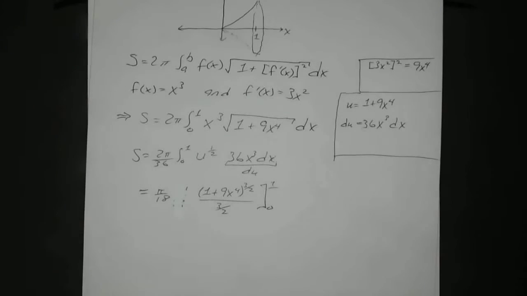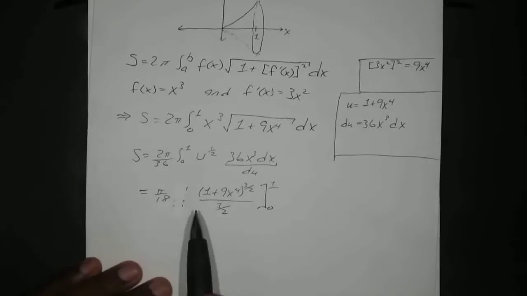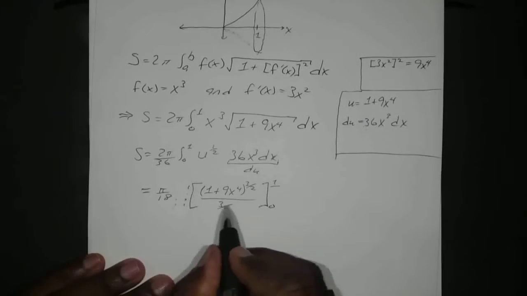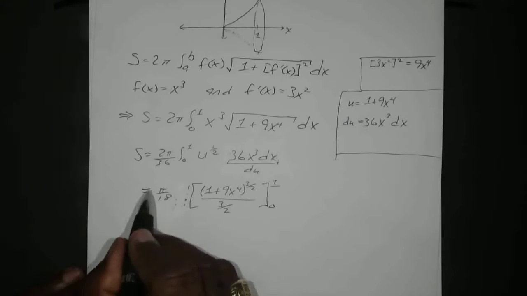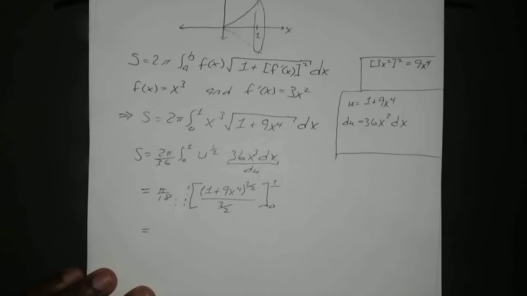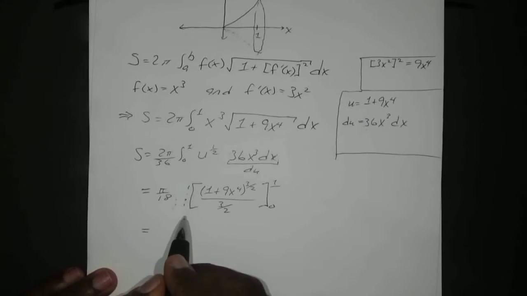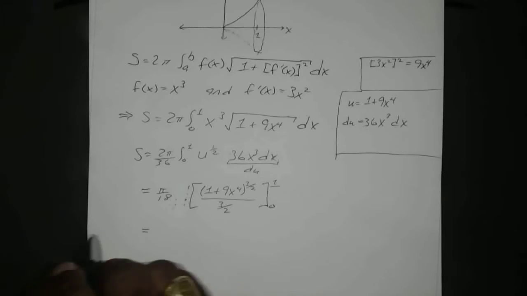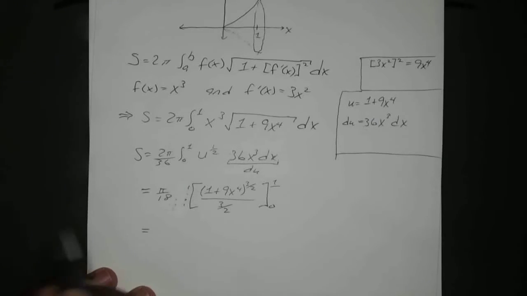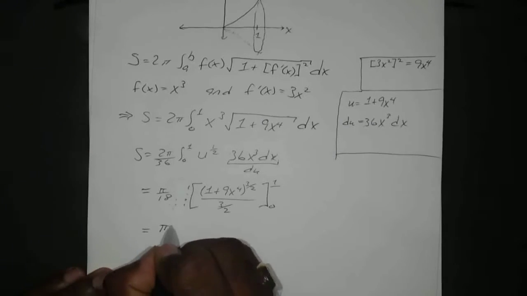Okay, and the 3 over 2 can become 2/3. So the 2 and the 18 make that 3 over 9, which will become pi over 27.